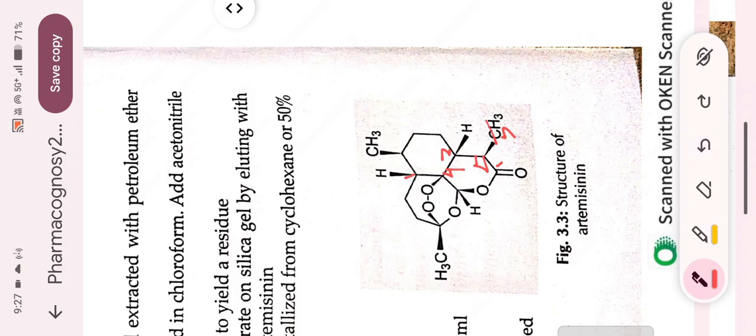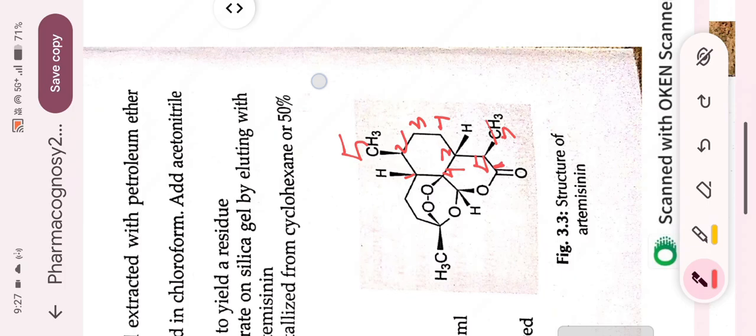We have to start from here. 1, this is 2, this is 3, this is 4, and this is 5. I think you can just remember this side. But here we have a carboxyl group and this bridge.